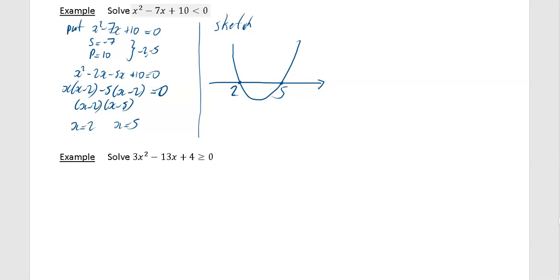And what we are looking for here, so now this is the first time we're actually looking at the inequality. We want our inequality, x squared minus 7x plus 10, to be less than 0.